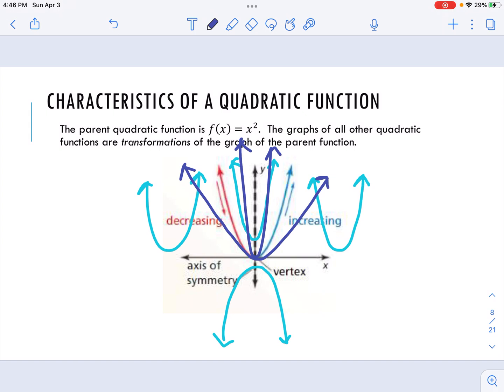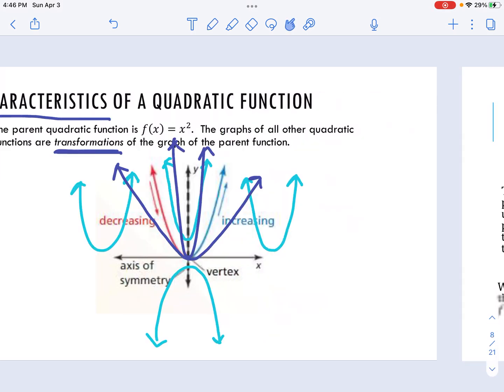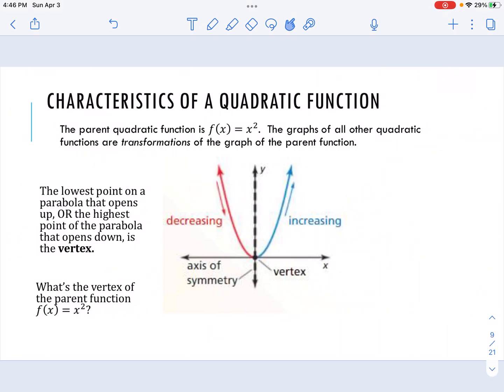So as we're going through, what we really want to start thinking about are characteristics of the quadratic function and how we can start to pinpoint key features that will give us clues into the transformations. Now, the first thing we want to talk about is some key vocabulary. The lowest point on the parabola that opens up or the highest point of the parabola that opens down is something that we call the vertex.